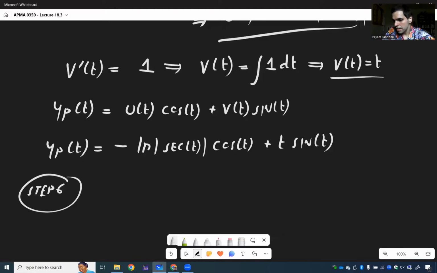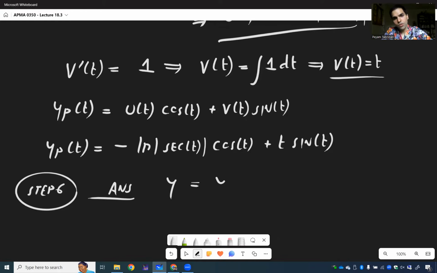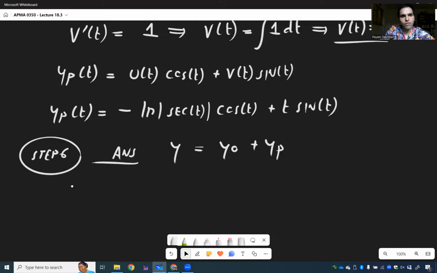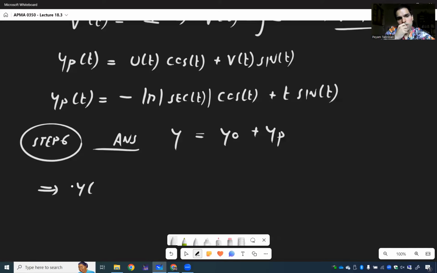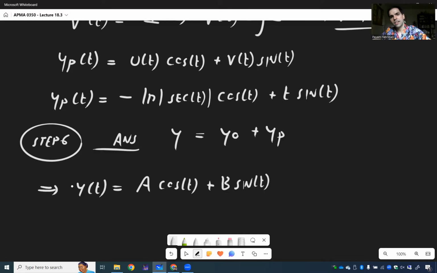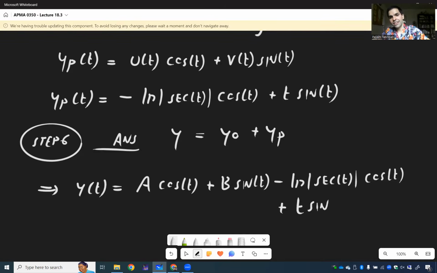Step 6. Answer y, our solution is the homogeneous plus the particular, and so y of t is a cosine of t plus b sine of t, and then all this. So minus ln of secant of t cosine of t plus t sine of t.